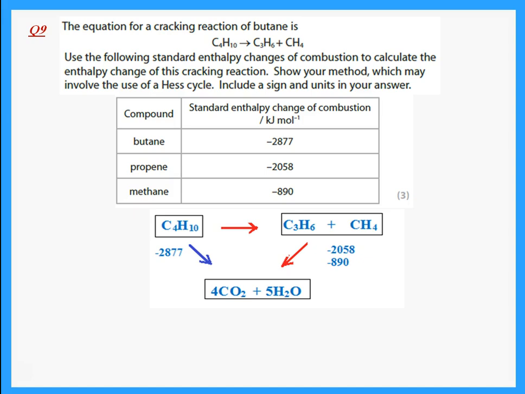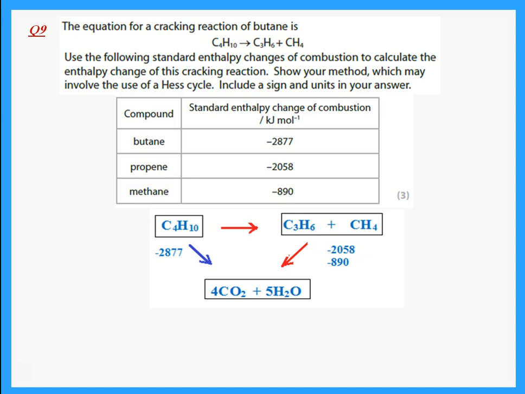I burn C3H6, it gives something. I burn CH4. Remember that all of these will give carbon dioxide plus water. And you need to balance according to the total number of carbons and total number of hydrogens that I need up there. So this is the kind of Hess cycle that you can put through.